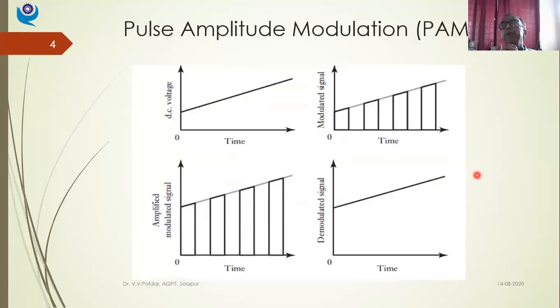Pulse amplitude modulation we'll see, and next we'll see pulse width modulation. So PAM and PWM. Pulse amplitude modulation. What is the need for this modulation?